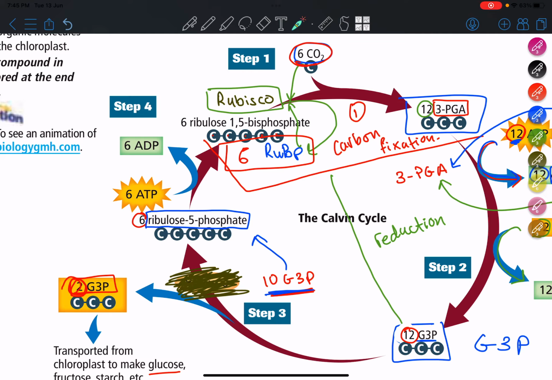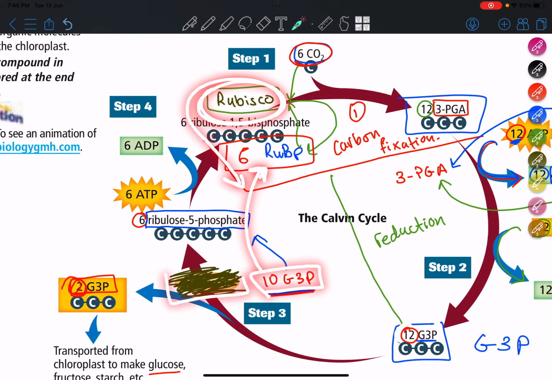So the Rubisco, which is an enzyme, will convert the 10 remaining G3Ps into the 6 molecules of RUBP. So the 10 G3Ps will be changed into 6 RUBP by the help of Rubisco.